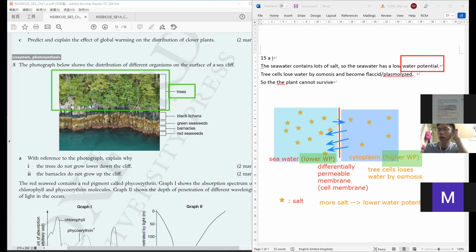So what are the other possible reasons? For example, Romana, I want to ask, if you live near the sea, do you experience the strong waves?